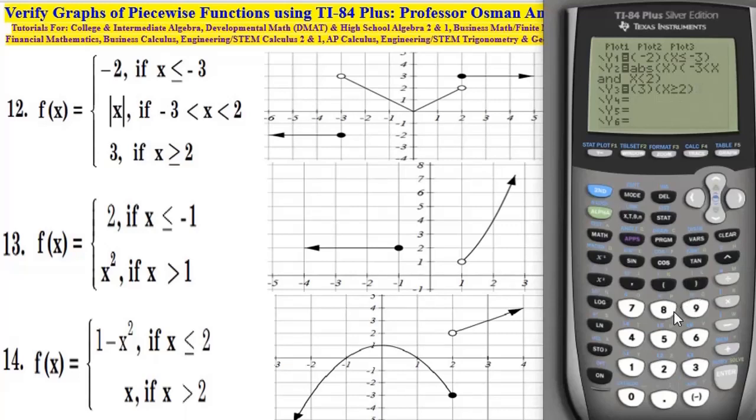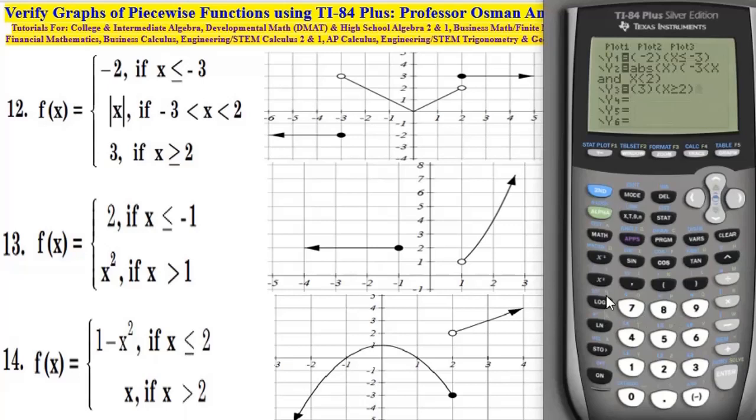Okay, make sure your entries are correct. It is minus 2 if x is less than minus 3. It is absolute value of x if x is between minus 3 and 2, and it is constant 3 if x is greater or equal to 2.